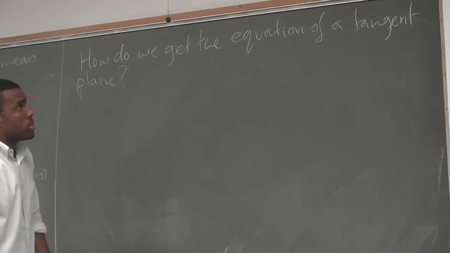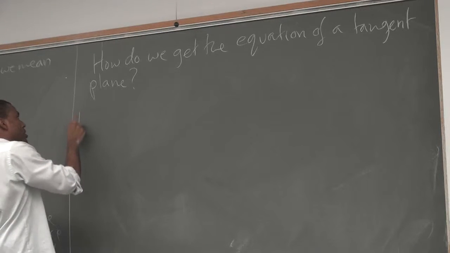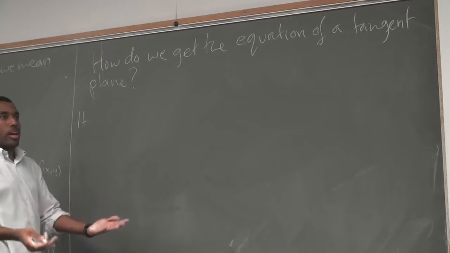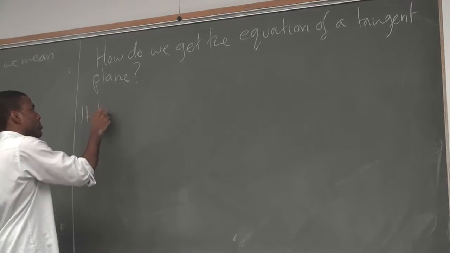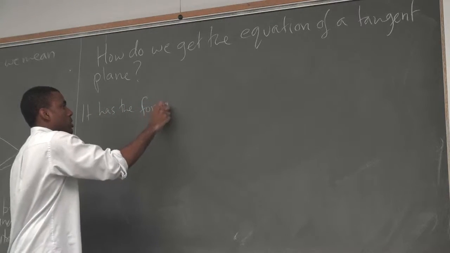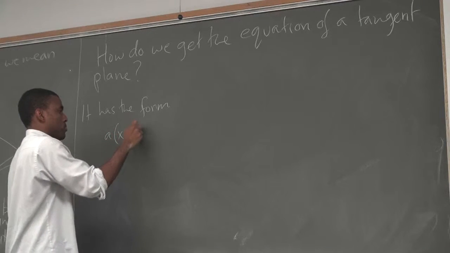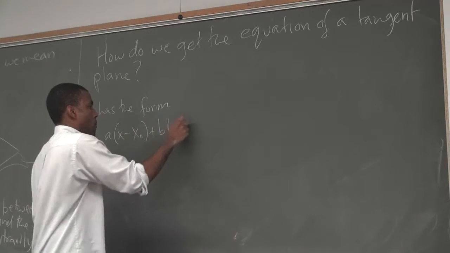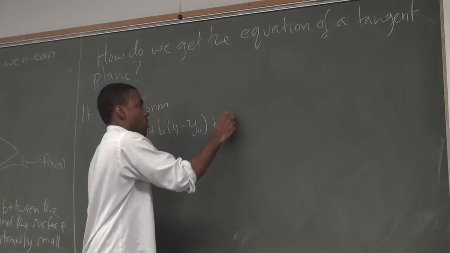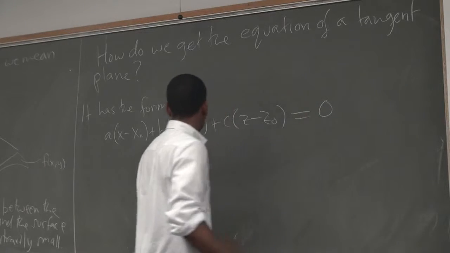The question is, how do we get the equation of a tangent plane? Well, first of all, it's a plane, just like a tangent line is just a line. It has a certain form. So we know it has the form a(x - x0) + b(y - y0) + c(z - z0) = 0, right?